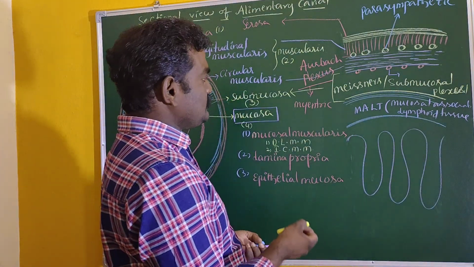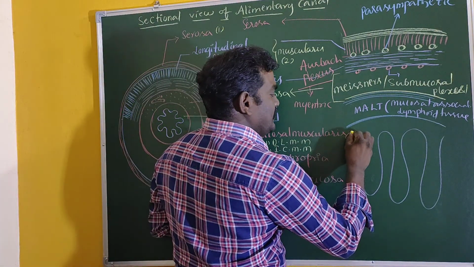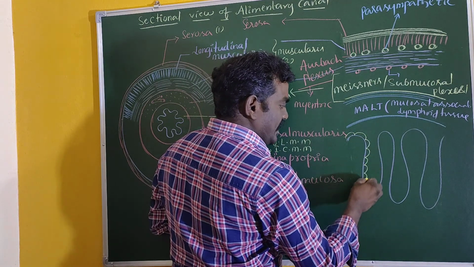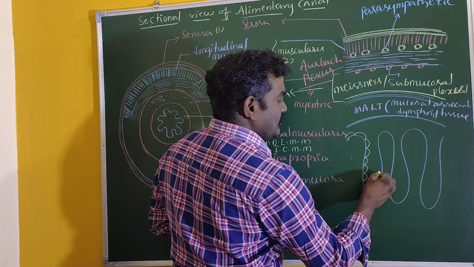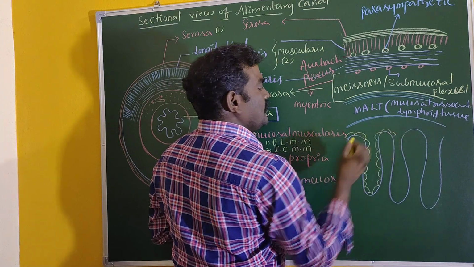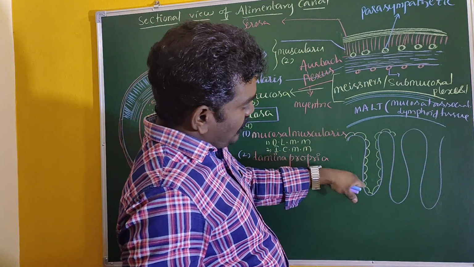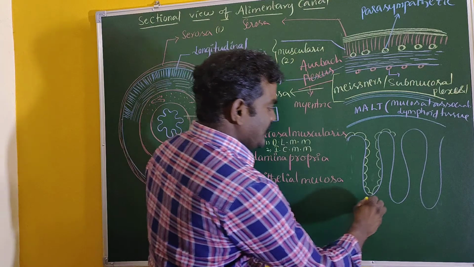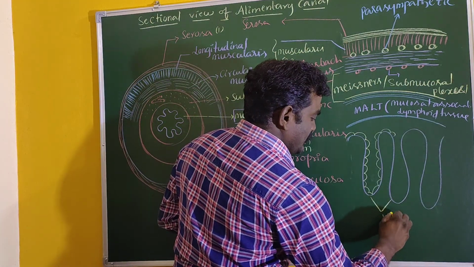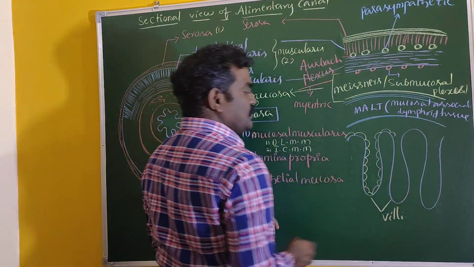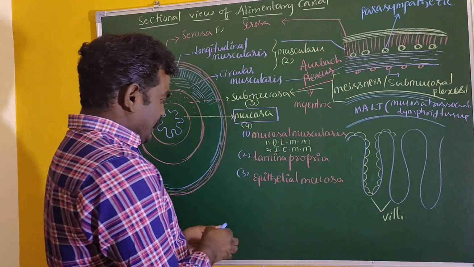Next, this is the epithelial lining. This epithelial lining forms structures like this, which are called villi. So villi are noticed in the alimentary canal.